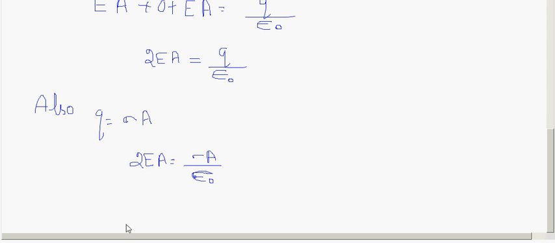On simplifying, A gets cancelled, and you get electric field E is equal to sigma by 2 epsilon naught. So the electric field intensity due to a uniformly charged infinite plane sheet is given by sigma by 2 epsilon naught.